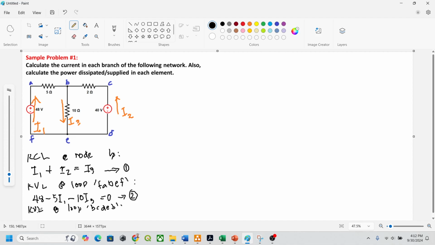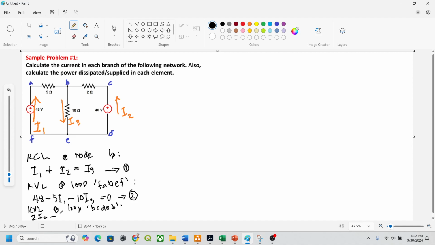So that's why we have 2I2 here. Okay? So 2I2, right.